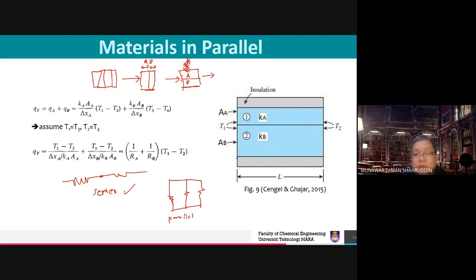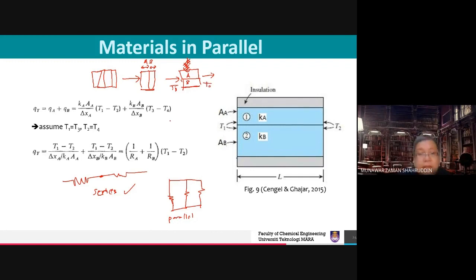So what happens to the heat transfer is basically we will take the combination effect of these two materials, by assuming that this side temperature we assume as Ti, and this side temperature is the same.